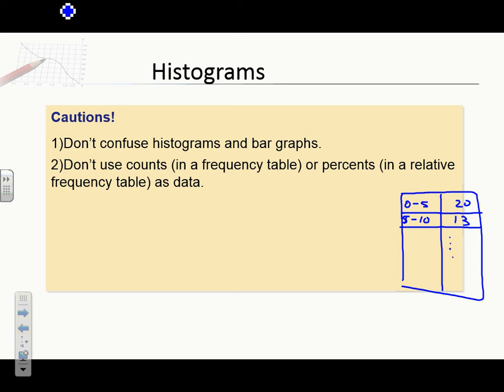So they gave us all the information in a frequency table. This 20, this 13, whatever other values were in there, that's what we graphed in our histogram, correct? That's how high we knew how to make the bars.